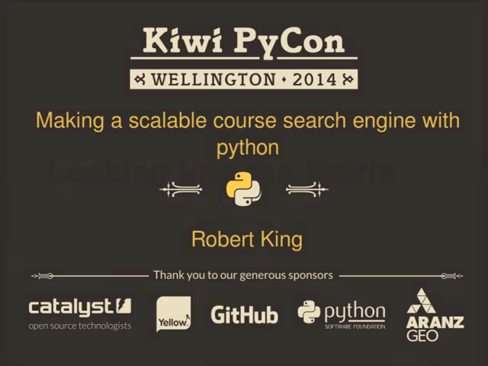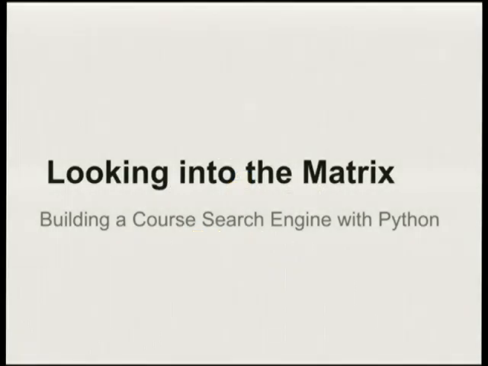And I'm going to introduce today Robert King, and he's going to talk to us about making a scalable course search engine with Python. Robert is a serial tech entrepreneur and he makes cutting-edge apps with Python. Some of his Python applications he worked on reach towards 1,000 queries per second.